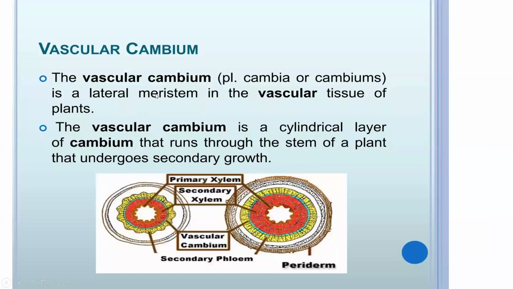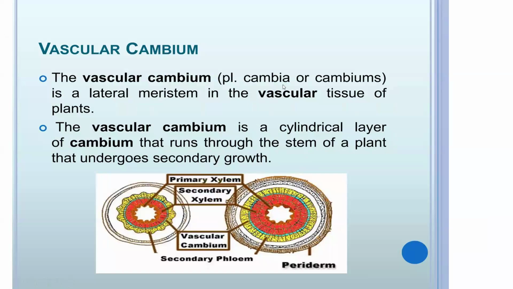So the next topic is the vascular cambium. Vascular cambium is a type of meristem, that is, a lateral meristem. Generally it is present between the xylem and phloem in the vascular tissue, and is mainly helpful in the formation of secondary growth.